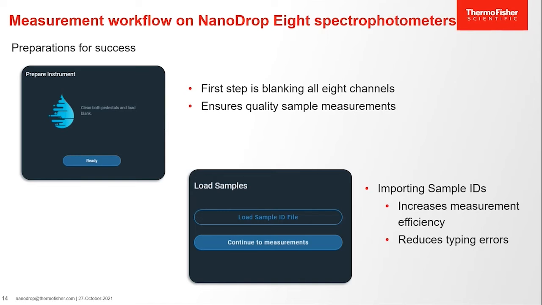And this is especially helpful when you have many samples, 25, 100 samples even. So it really just increases measurement efficiency and reduces typing errors so that you don't have to make any corrections or anything like that. It's especially helpful when complying with regulations, so you don't have to electronically sign for any typos that you have to fix.